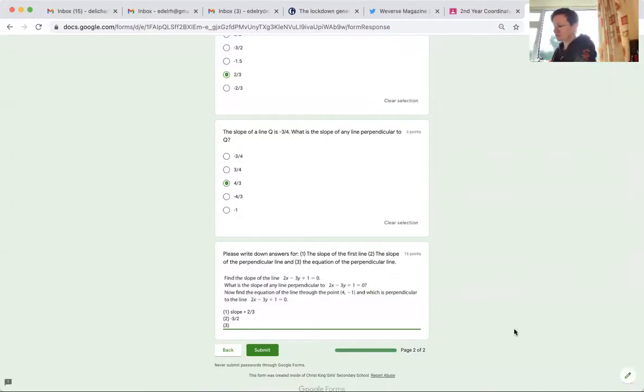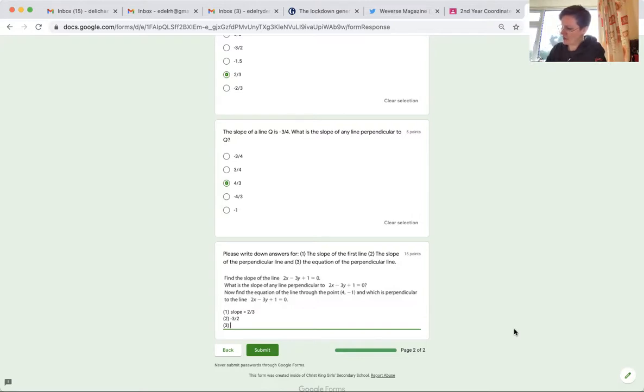So I'm filling into the formula, and I have y minus a minus 1, which is plus 1, equals minus 3 over 2 by x minus 4. I'll show it all at the end, but I'm showing it in this little window to start with. Then remember, multiply the y side by the bottom number and the x side by the top number.